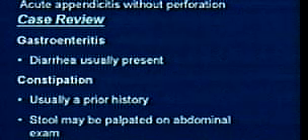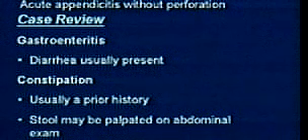All right, the first thing that we're going to look at is gastroenteritis, and the key for that is that diarrhea and vomiting are usually present. Constipation, the patient may have a history of constipation. And when you palpate the stool on rectal exam, what may happen is that you'll feel hard stool in the vault.